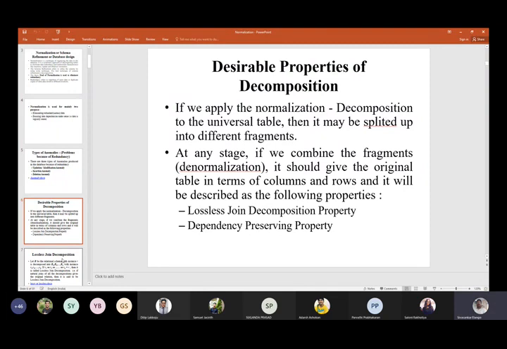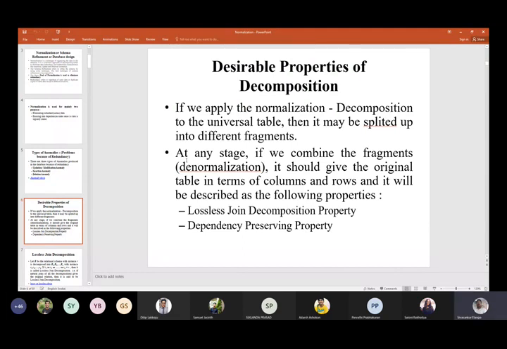Whenever you perform decomposition of a complex relation into fragmented relations, we have to take care of two important properties: lossless join decomposition property and dependency preserving property, right?